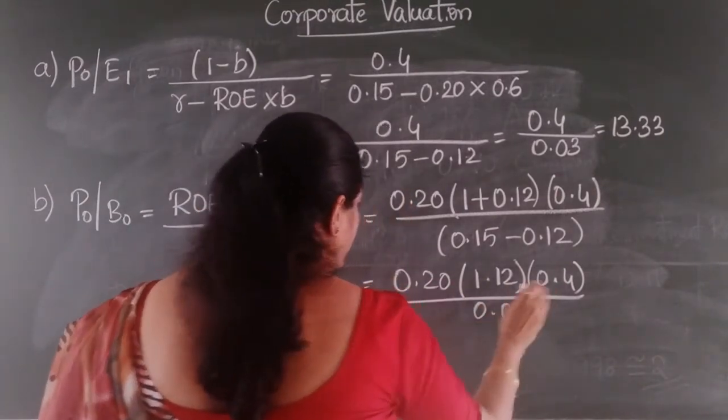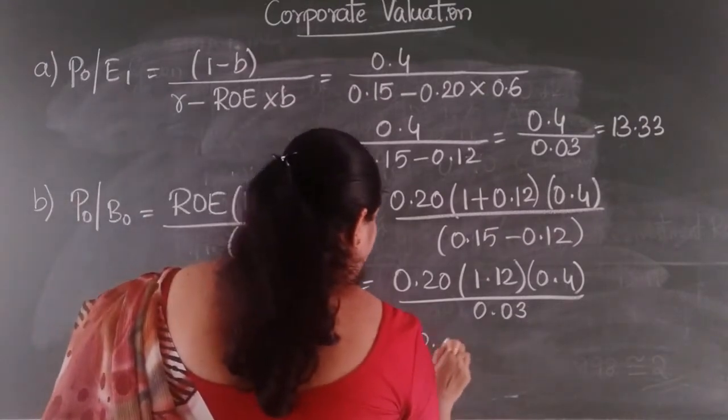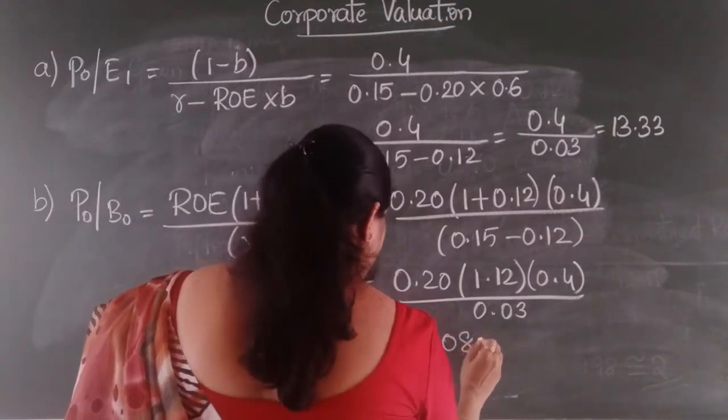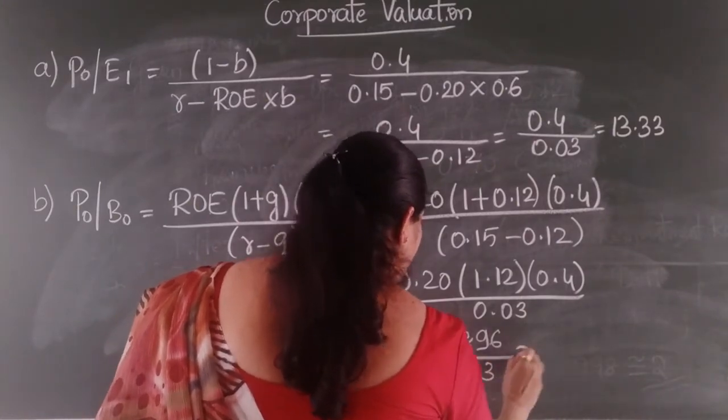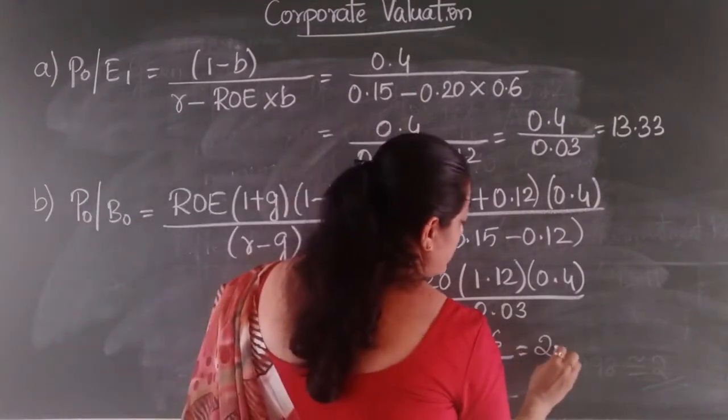The numerator value is 0.0896, the denominator is 0.03, and the answer is 2.99.